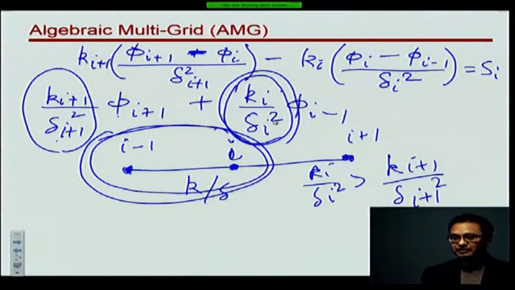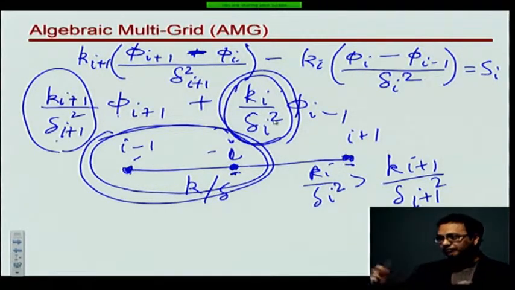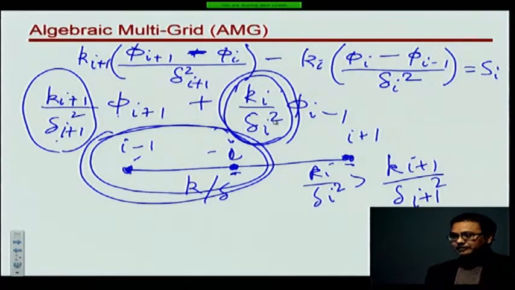If these two temperatures are close, then it makes perfect sense to agglomerate them and make them one node, because there's essentially no difference between those two points. Whereas for this one and this one, their temperatures are quite a bit different, and therefore it's better to keep them separate, not agglomerate them at all.